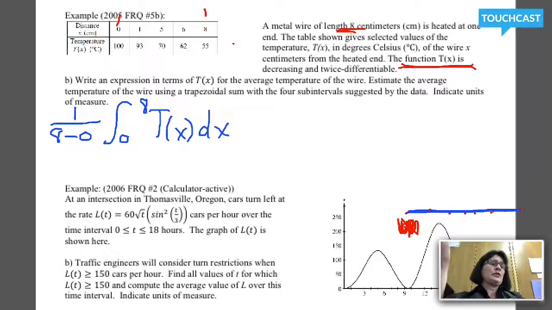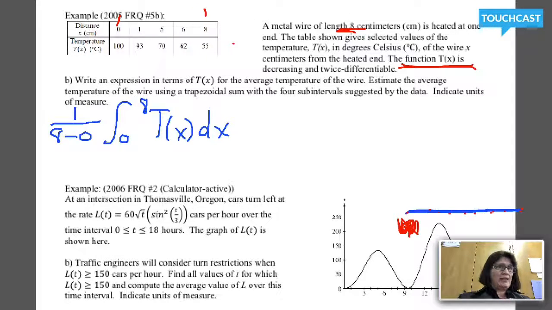And you can compare that to what you have in your notes for average value of a function, which was for average velocity too. Okay, that's great. If you wrote that expression, you got 1 point already. You get like 7 points and you get a 5.